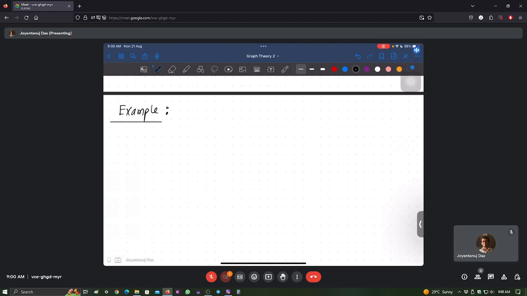If I consider the C4, so this is my C4. There are four edges, right? How many possible orientations are there of C4? Orientation means we are giving direction to the edges.